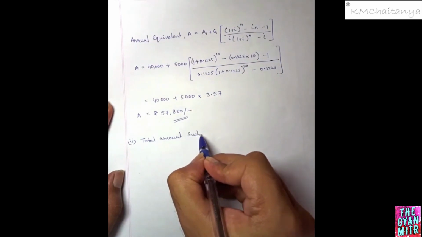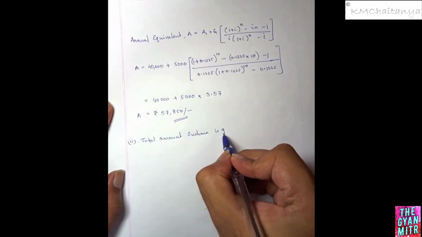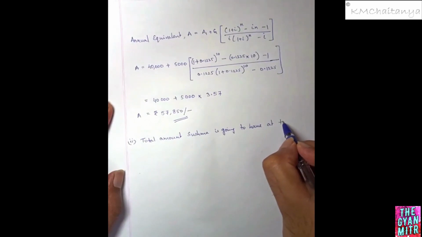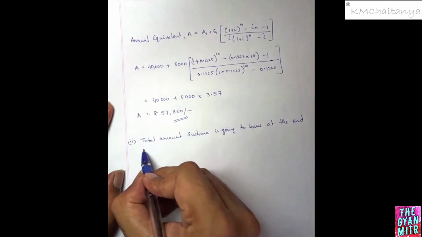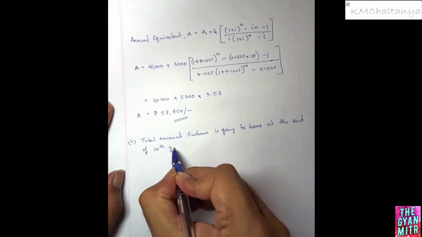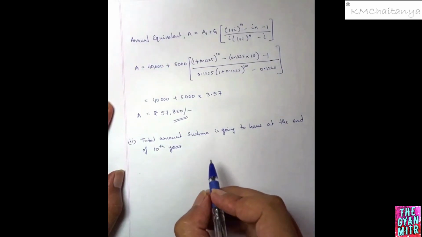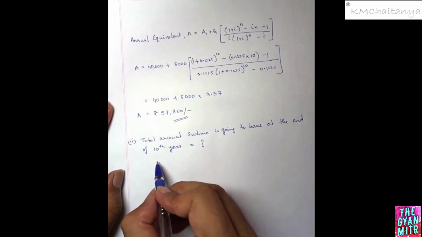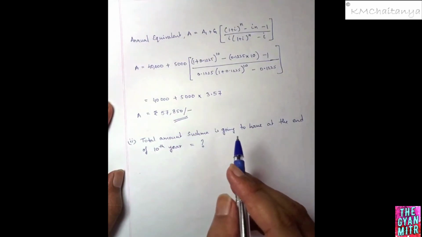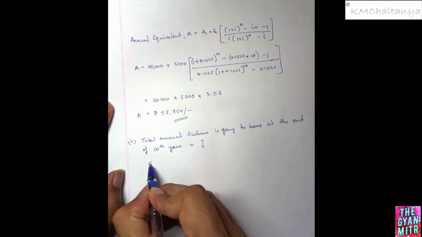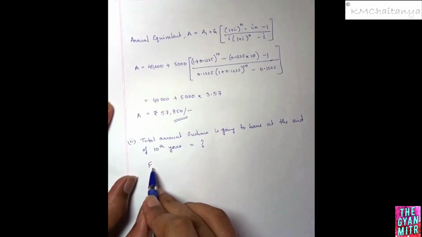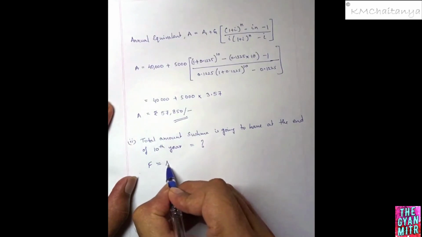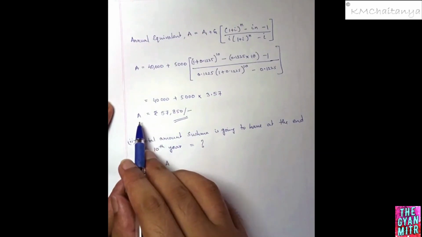So the second part of this particular question is the total amount Sushma is going to have at the end of 10th year. So this is what we are supposed to determine. For this, what Sushma is going to have in the future, that is the value of F, the future amount of Sushma, is equal to, we know what is the value of annual equivalent, that is annuity.